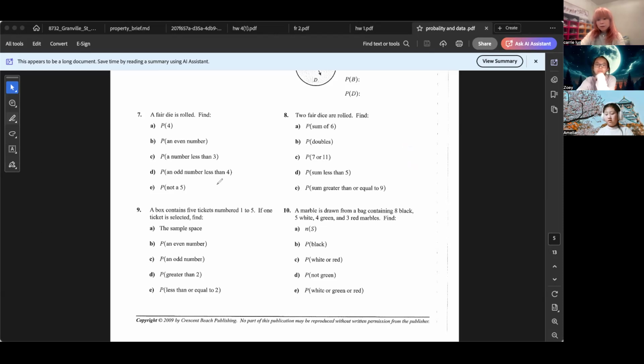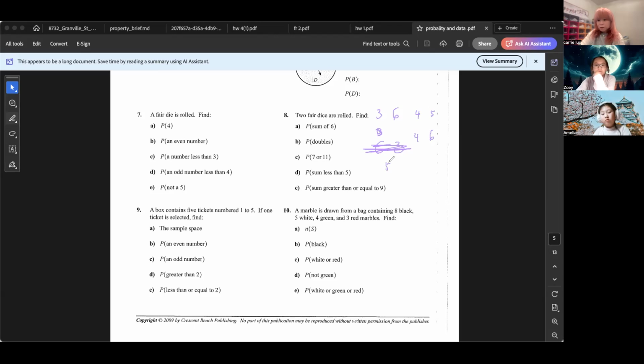The sum greater than or equal to 9. So we start with 3, 6, right? That's the only one, we don't do 6, 3 for that. 3, 6, right? And 4, 5 or 4, 6, correct?